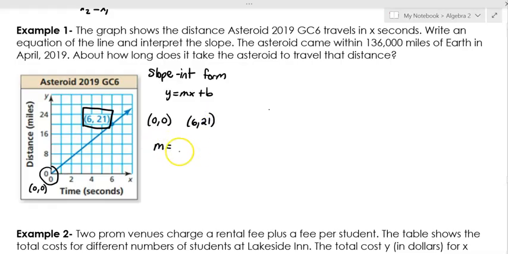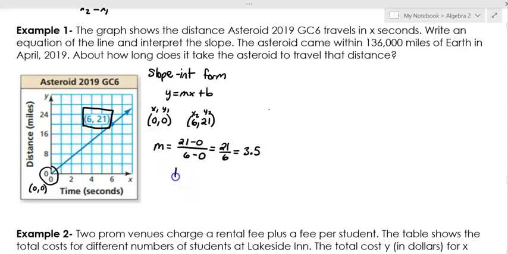You can use the format y2 minus y1 over x2 minus x1, and if you want, you can label your points x1, y1, x2, y2. So you're going to do 21 minus 0 over 6 minus 0. All right, you get 21 over 6, which is 3.5.